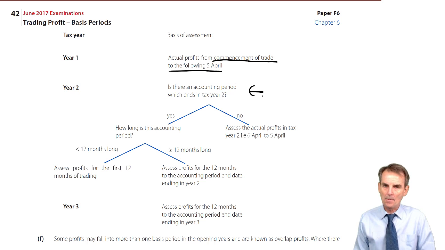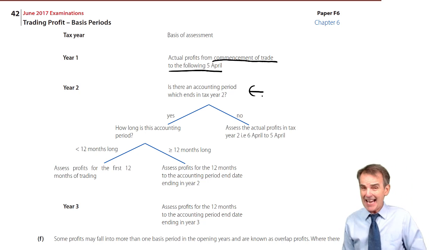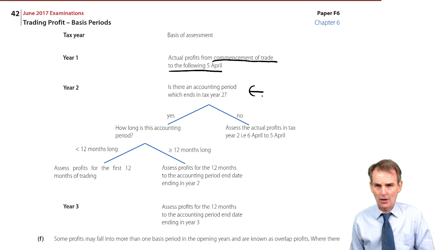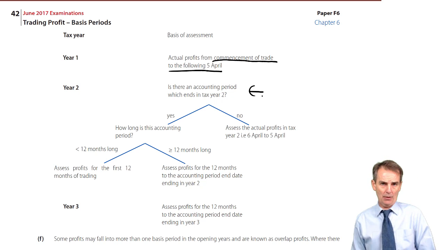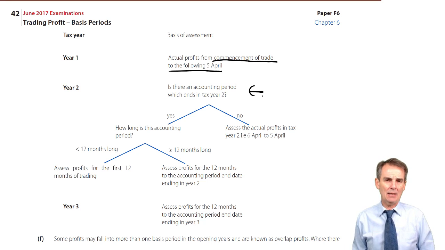But what we may have is an accounting period that ends in that second tax year, but it isn't necessarily going to be of 12 months. It could be a short period ended, it could be a long period ended. And of course, the other possibility, when we ask the question, do we have an accounting period ended in that second tax year, is that the answer is simply no. We don't have any accounting period.